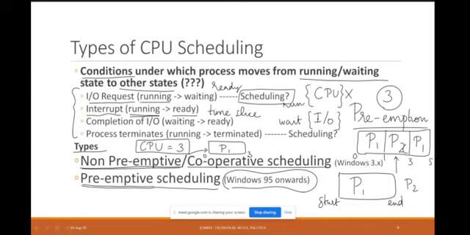The third point is completion of IO. Say any IO is completed, then what will happen? It will come from your waiting to your ready state. The last one, when the process terminates, what will happen? It will go from running to terminated state. Okay. So these are some of the conditions under which the process will move from one state to another. This is just your state transition, a recap of what we saw.